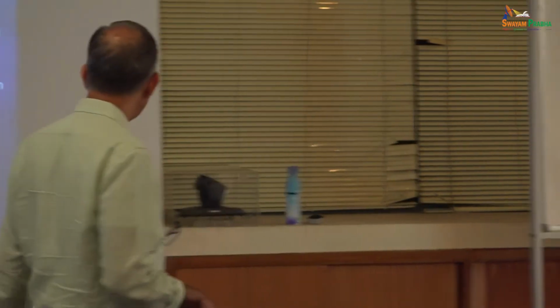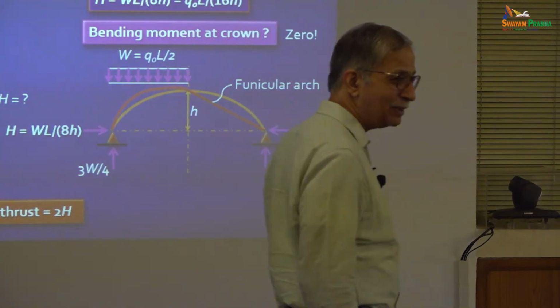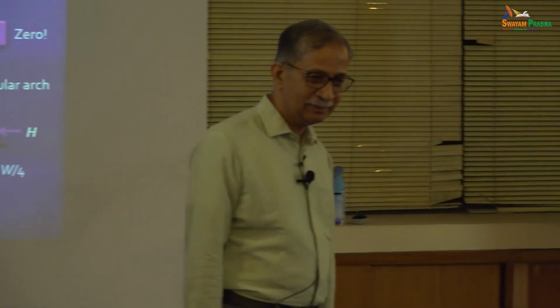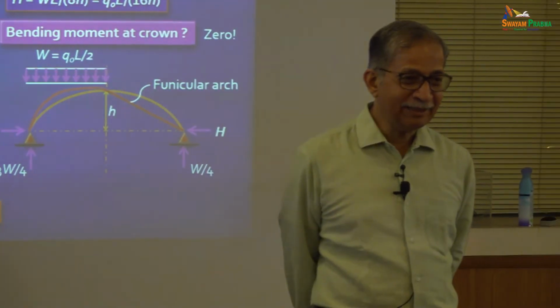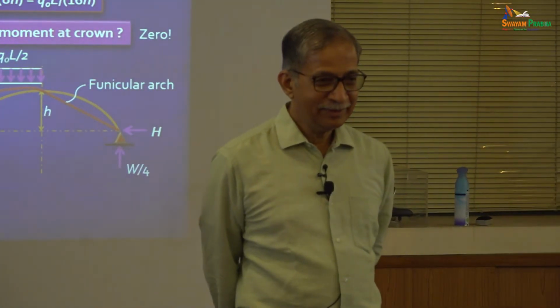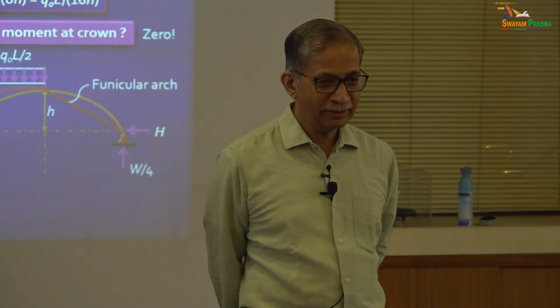Alright. Now, looking at this, tell me which side will be sagging, which side will be hogging, and why? There's a theorem you may have studied. It's called Eddy's theorem. But don't remember any theorem. Use your brain for a change.